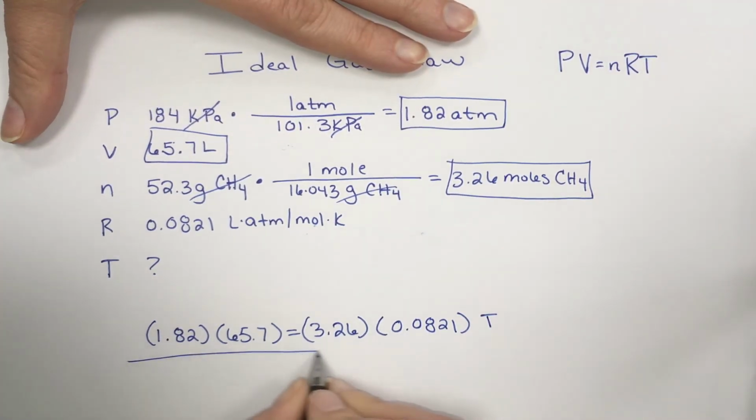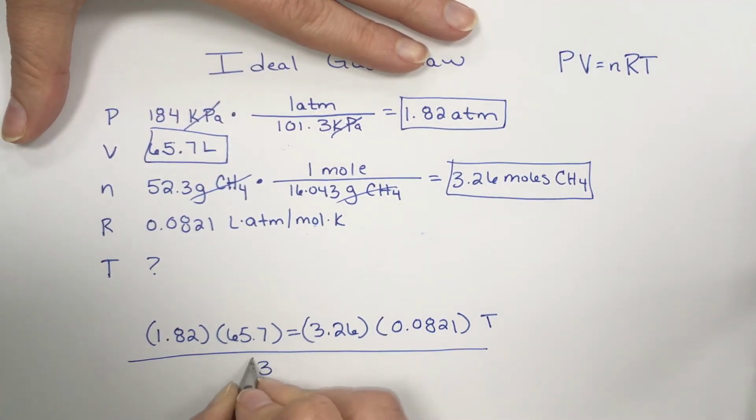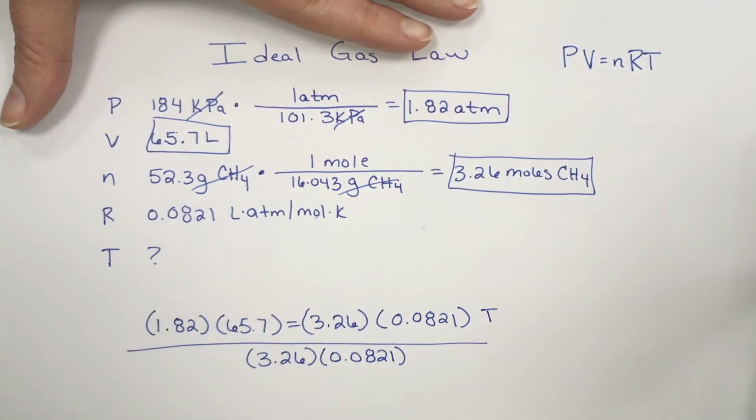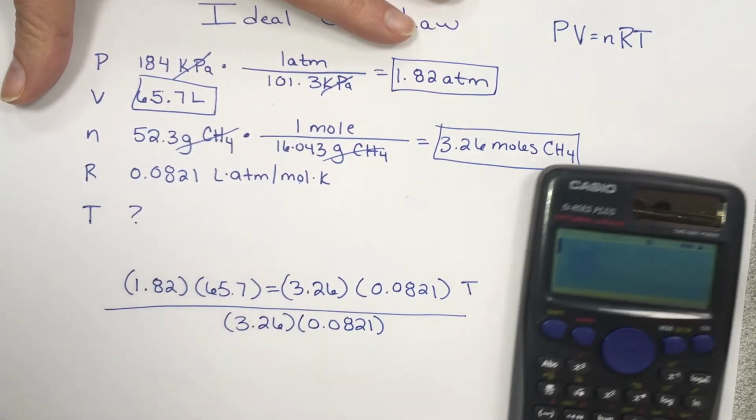So we're just going to divide everything by 3.26 times 0.0821, okay?